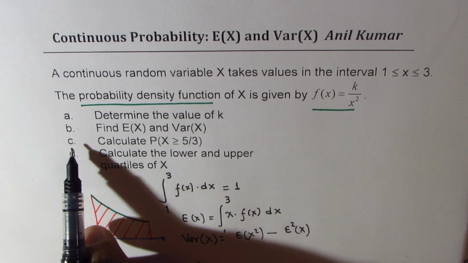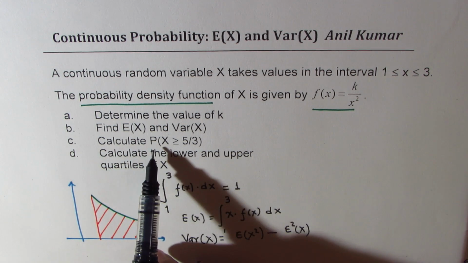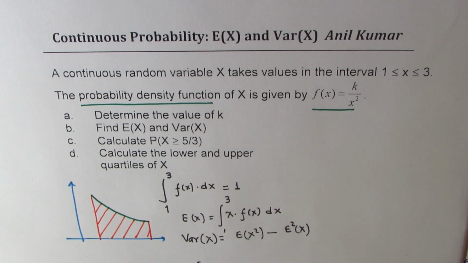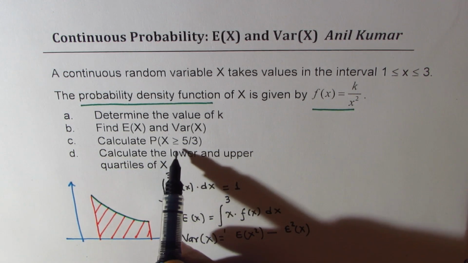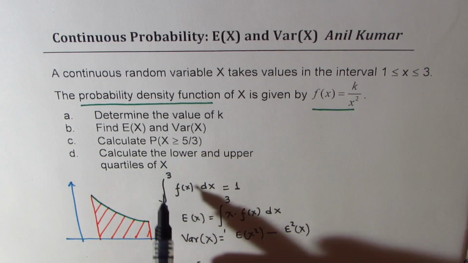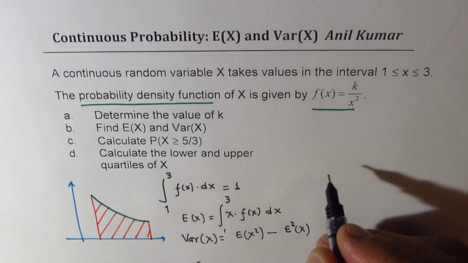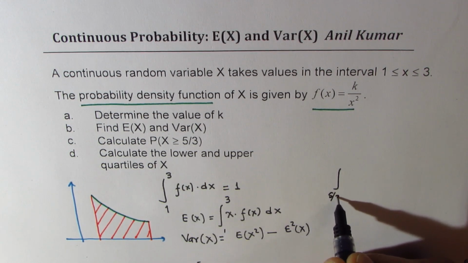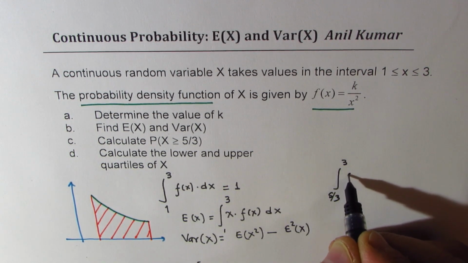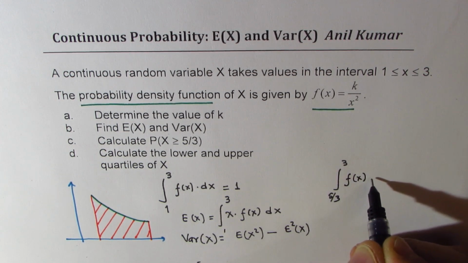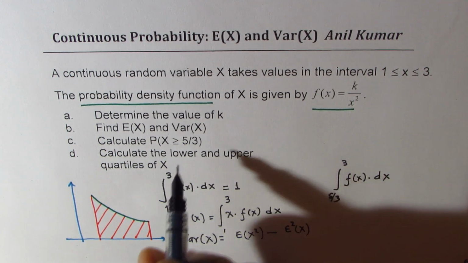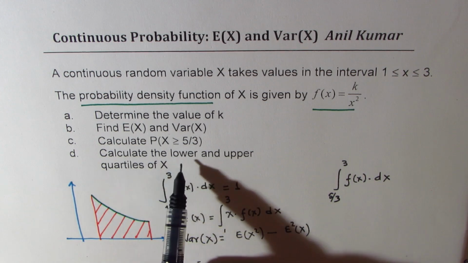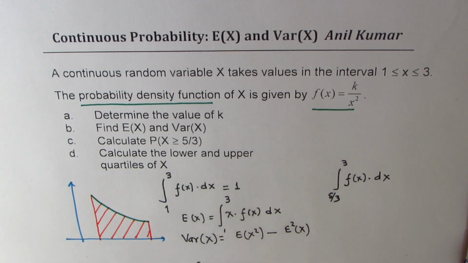As far as part C is concerned, probability when x is greater than or equal to 5 by 3, we are going to find the probability in the interval from 5 by 3 to 3 for the probability density function f of x dx.